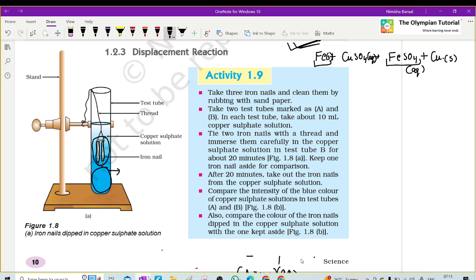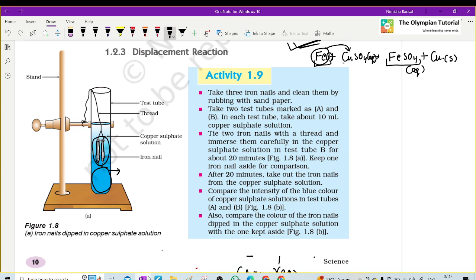Have you written the reaction? One more thing: iron is more reactive than copper.